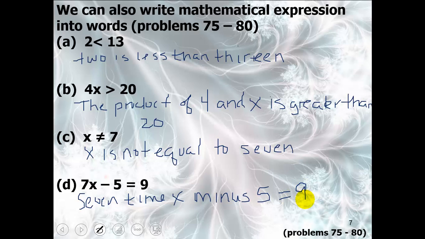You could have had the product of 7 and x minus 5 is equal to 9. There were several ways that you could have done that. If you're not sure about the way you wrote, show me in the morning and we'll take a peek at it.